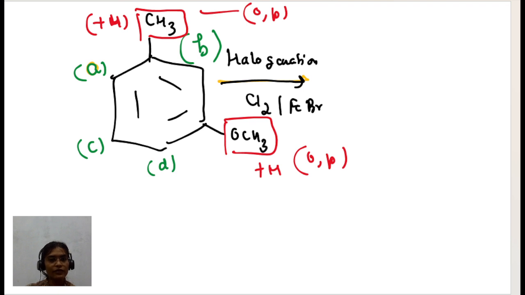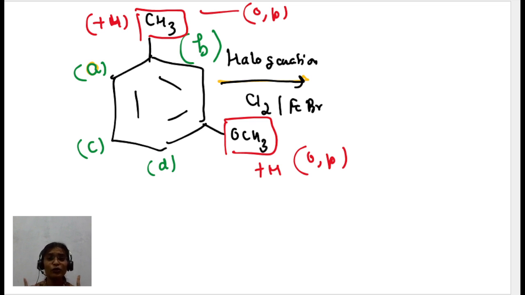So how do we decide according to which group to decide the position? Is it OCH3 or is it this CH3? Which one do you prefer? What does the rule say?